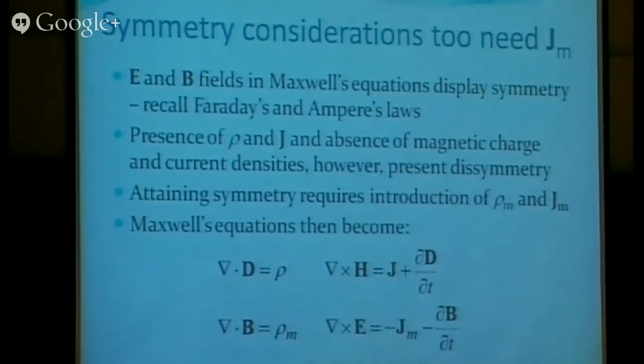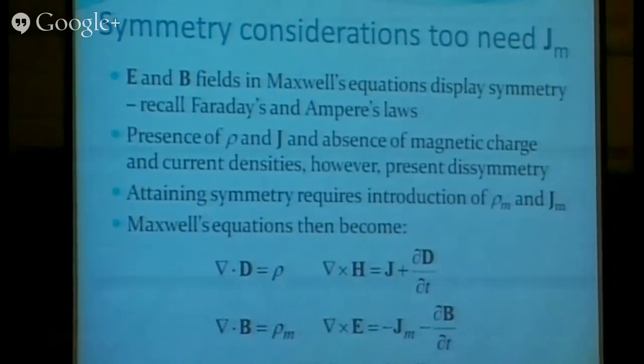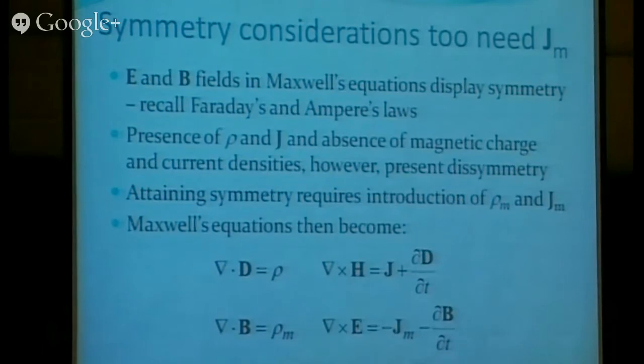In that case, in Maxwell's equations, you can see that the symmetry is preserved here. So divergence of B is rho m. We have introduced fictitious magnetic charge density, and similarly fictitious magnetic current density. So this presents more symmetry to Maxwell's equations.